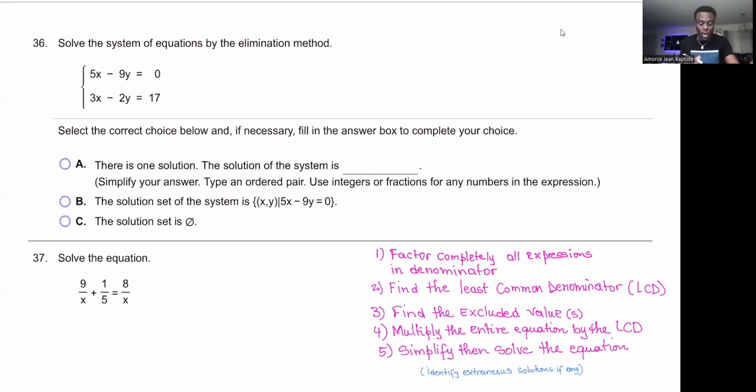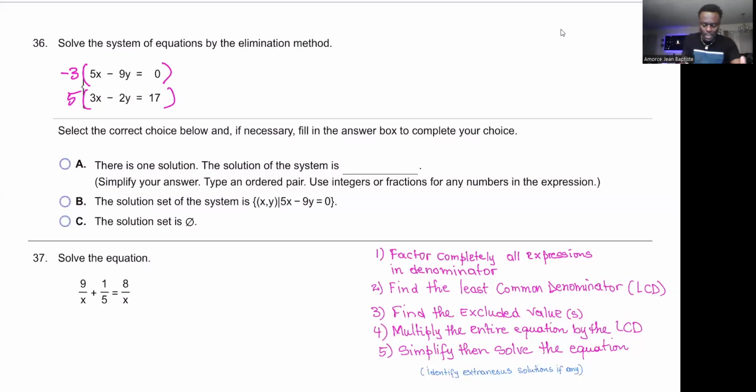Well, I'm gonna try to eliminate x this time. So to eliminate x, I can multiply the top equation by -3 and the bottom equation by 5, so that I would still have 15 for the coefficient of x with opposite signs. Then my x will be canceled out when I add both equations, right?